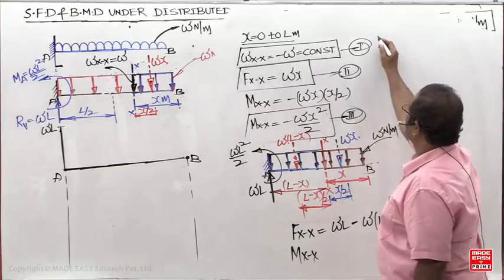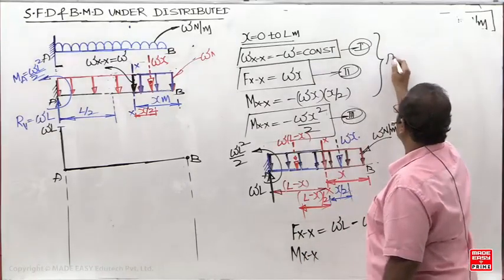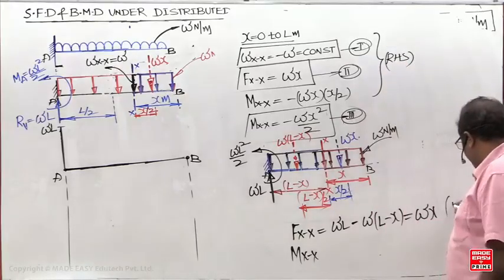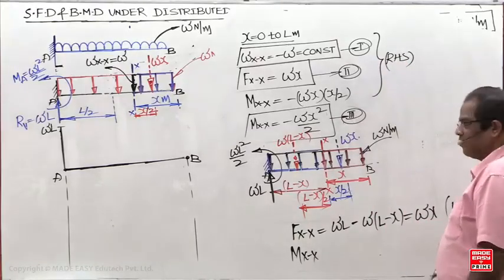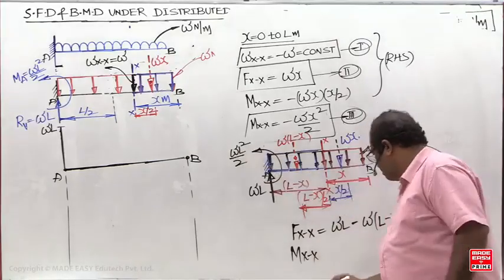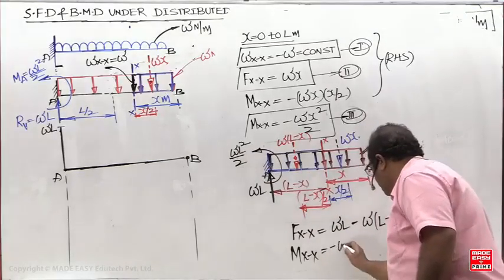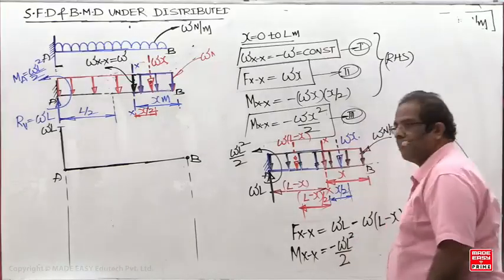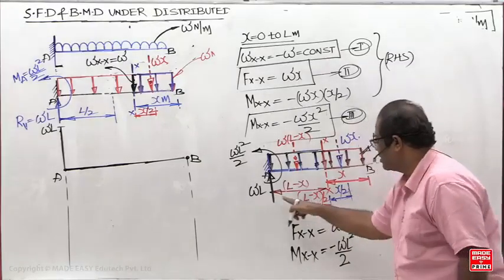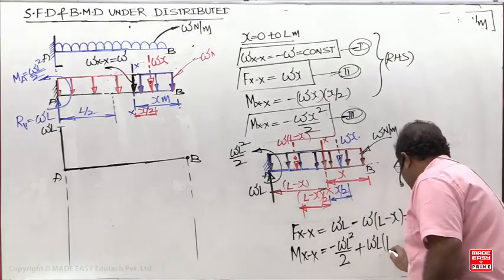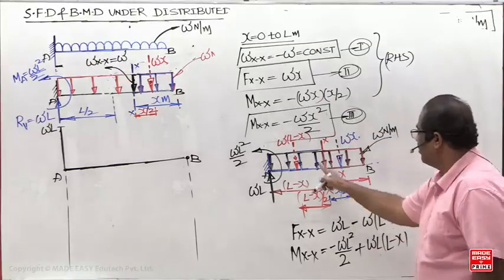Which side have you taken here? I have taken the right side. Whether you take the right side or the left side, you should get the same result. Now I am taking the left side. But on the right hand side, how many couples are there? One couple is there: minus WL square by 2. And what is the moment due to this? WL into L minus X. And what is the moment due to this?